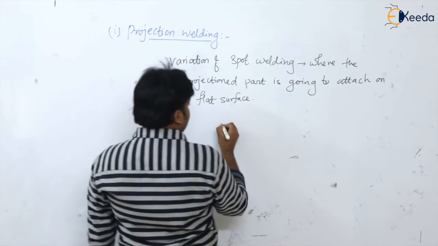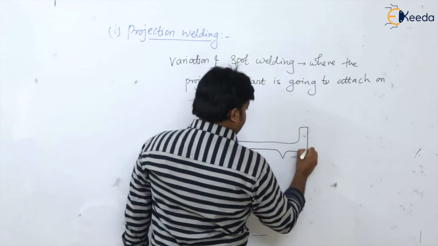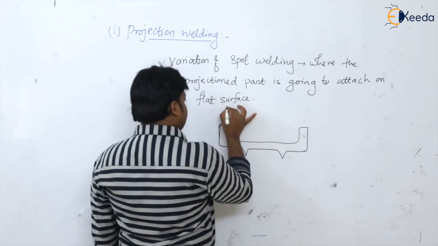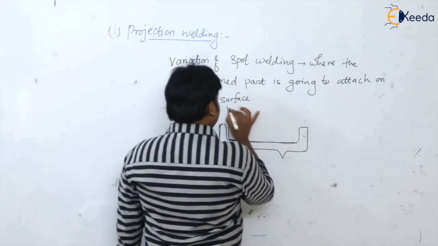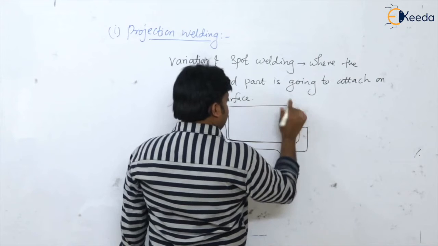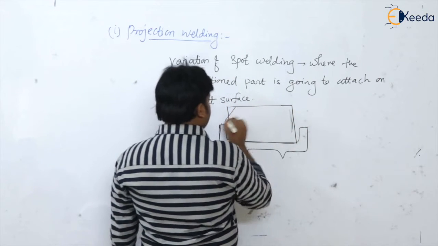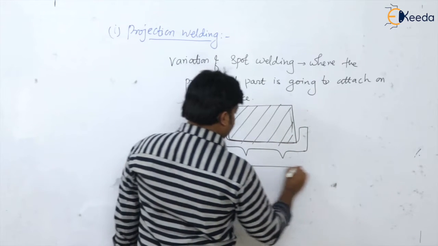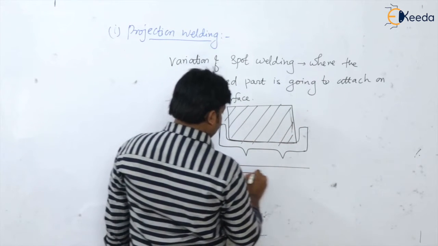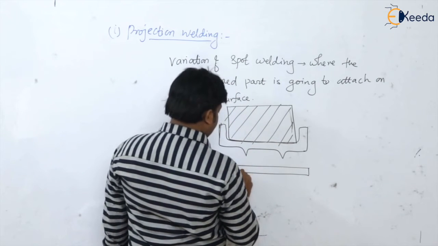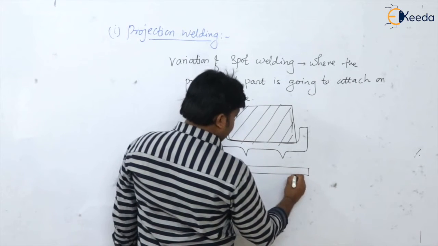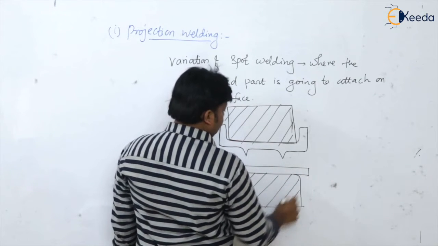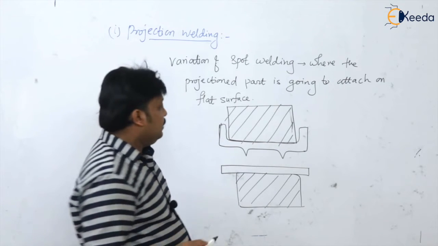Say, for example, I have this part, this is the projection. These two parts are kept between these flat copper electrodes. This is the electrode, like spot welding only.